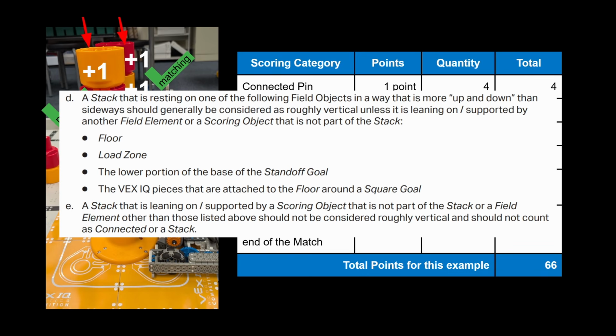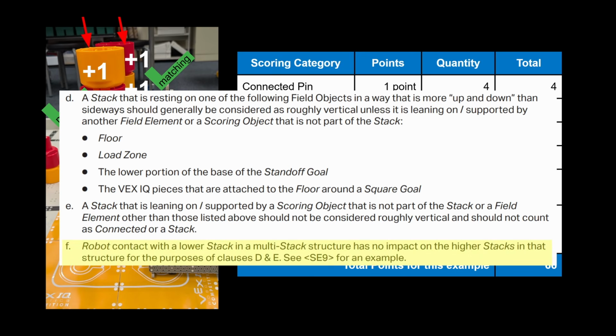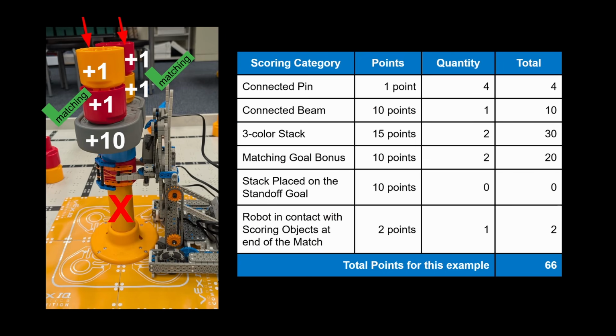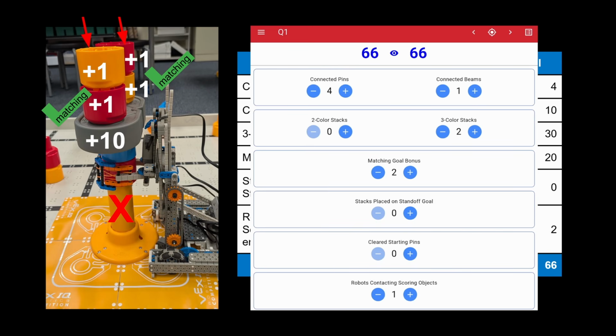So I submitted Q&A 2909 and the Game Design Committee added clause F that says there's another exception to the SC3 rule, which is if the robot is in contact with a lower stack in a multi-stack structure, which this is, it has no impact on the higher stacks. So it's almost like this is another exception, meaning those upper stacks are still good. And this is what it looks like on the scoring tablet.